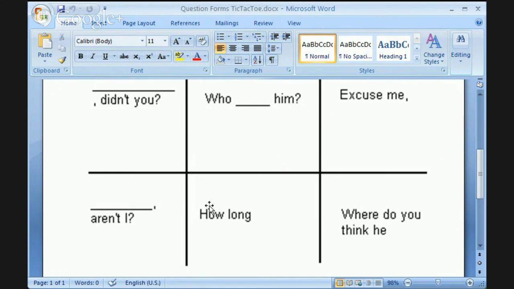Excellent. Miguel, how long? For example, how long is the beach more near? One more time. How long is the beach more near of more here?